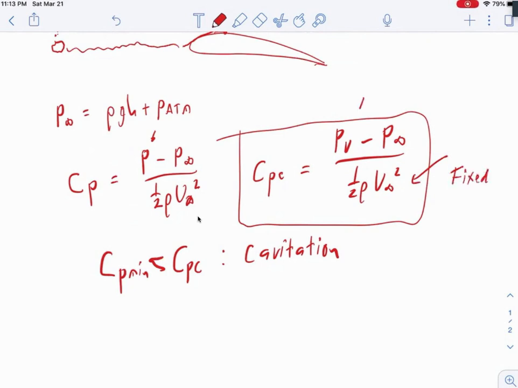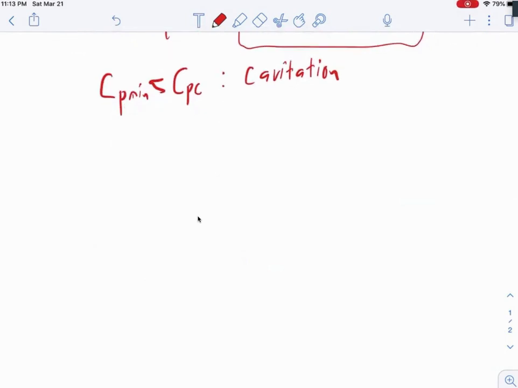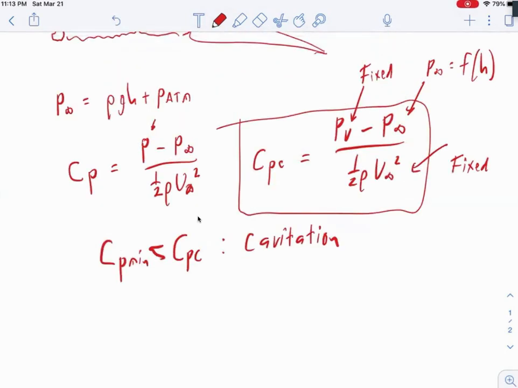The vapor pressure is fixed because that's a property of the fluid. That leaves P infinity, which is a function of the depth. At greater depth you have a higher free stream pressure. So if you're considering the hydrofoil at different depths, you have to compute different P infinities, or really different critical pressure coefficients.